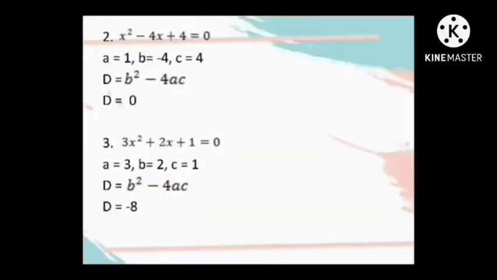Next, we go to the second example. Here, we have x squared minus 4x plus 4 equals 0. And we have a equals 1, b equals minus 4, and c equals 4. So when we substitute the values of a, b, c into D, we have D equals 0. Next, with the last example, we have 3x squared plus 2x plus 1 equals 0.